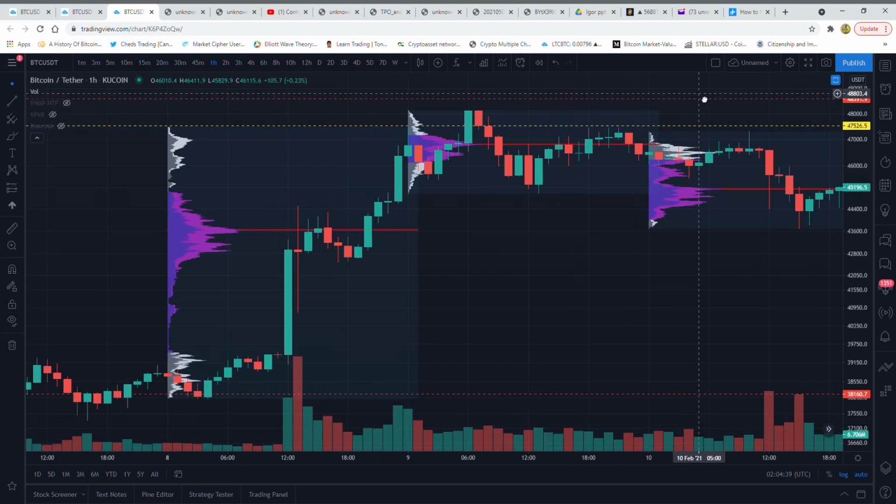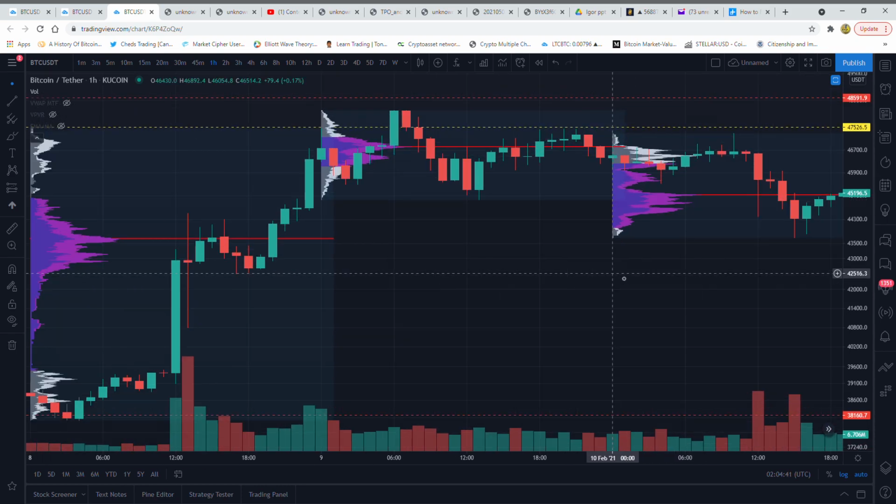Now the price on February 10th, it opened where? Below the level. There is the value area low. So if it's opening here, the chances are it goes higher or lower. For me, again, I wait 1, 2, 3 hours.